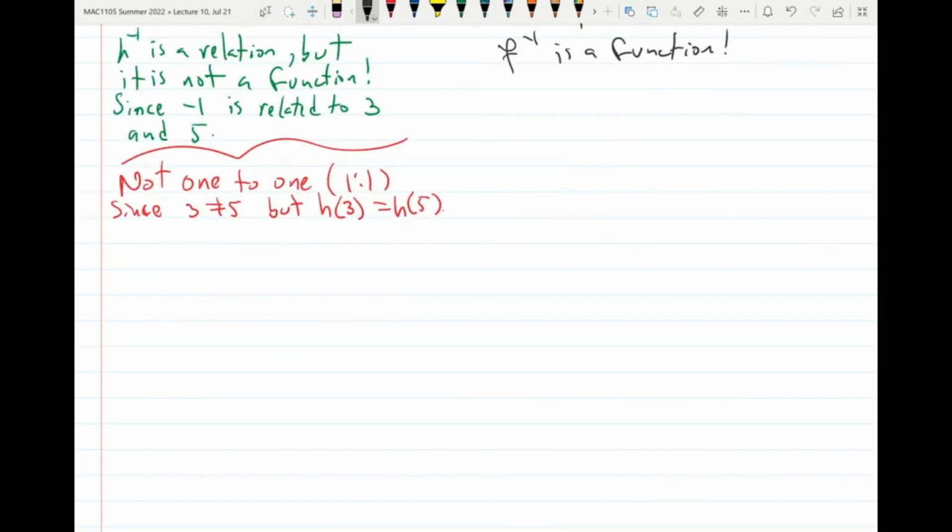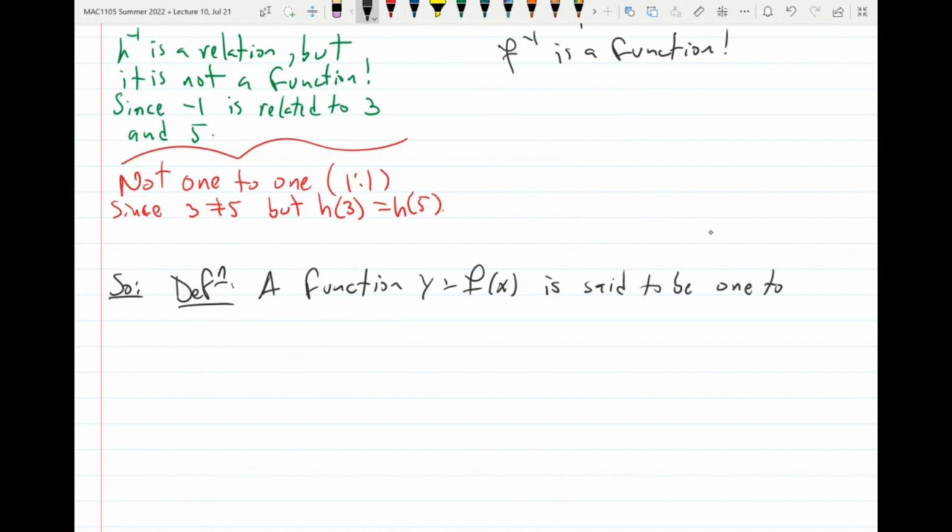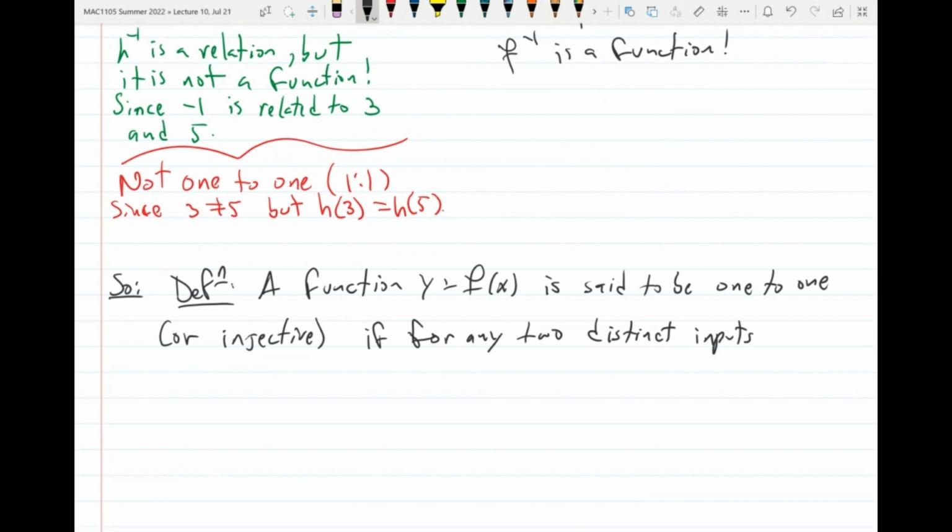So let me define this. Definition: a function y equals f of x is said to be one-to-one, or injective, if for any two distinct inputs, we get distinct outputs.